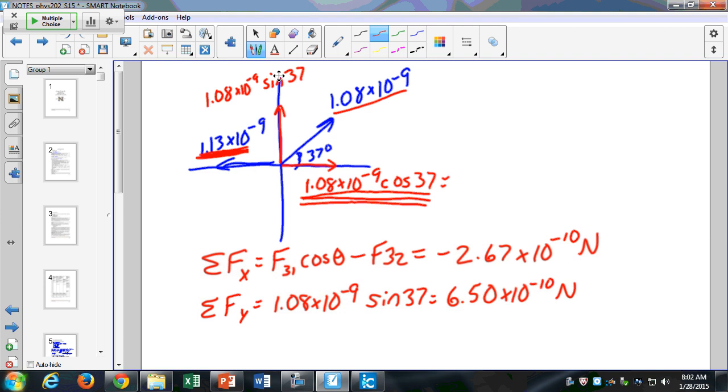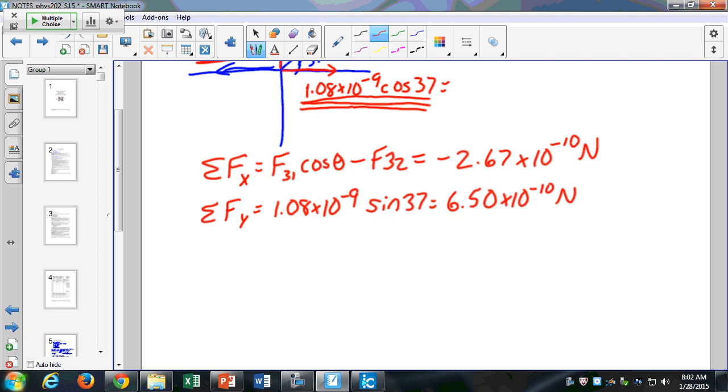All right, so those are my x and y components of my forces. So if I draw those, I have one in the x direction, I have one in the positive y direction. So my resultant vector, which is what I want to know, will look like this. I want to know this angle, I'll call it phi, and I want to know the magnitude. Okay?